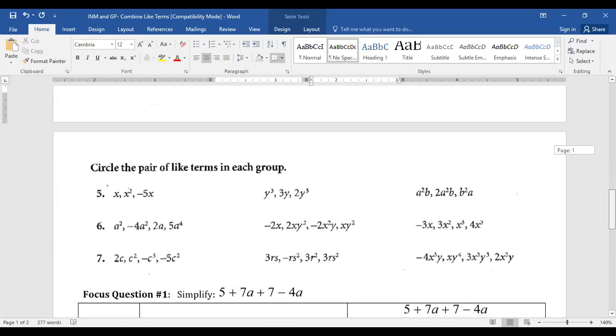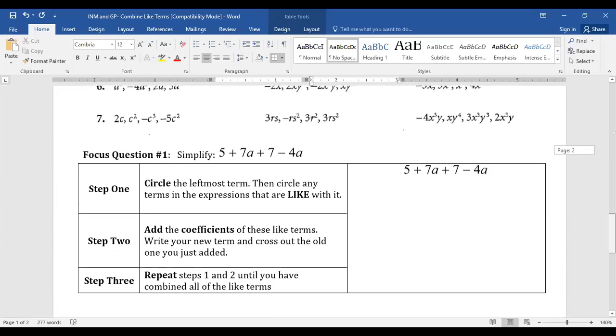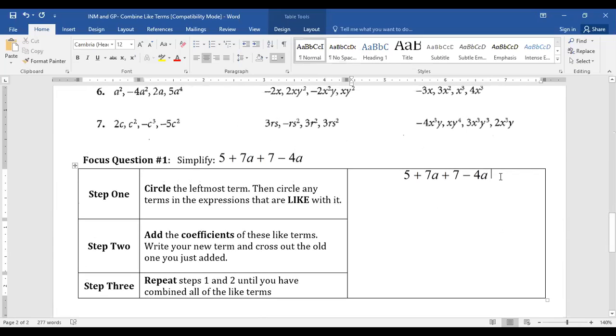So when you start combining these, this is really where the true algebra begins, because in this example here, where it says simplify, this is an expression. We're going to combine like terms here. The like terms, anybody can tell me one or two of those? 5 and 7.